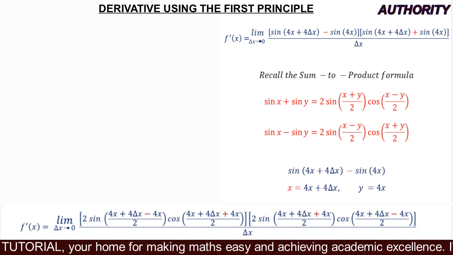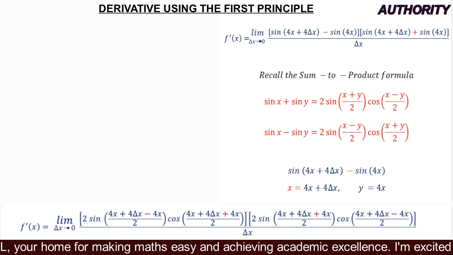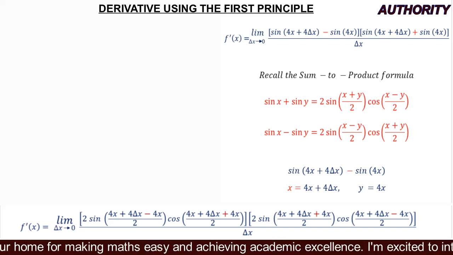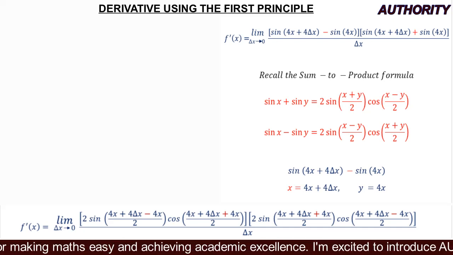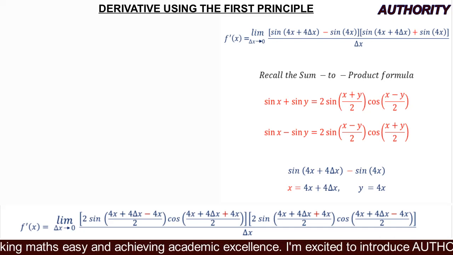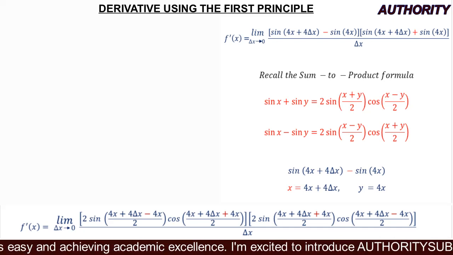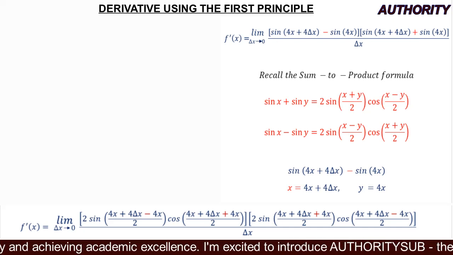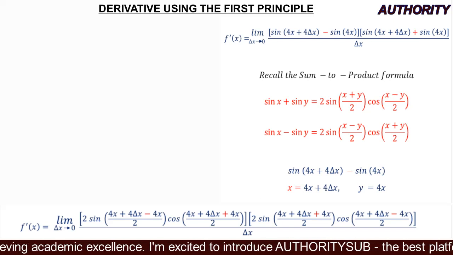Now, for the second bracket, here is the sum. Sine x plus sine y. So how do we do it? We have the same 2 sine x plus y all over 2, where our x is 4x plus 4 change in x, then plus our y is 4x all over 2.